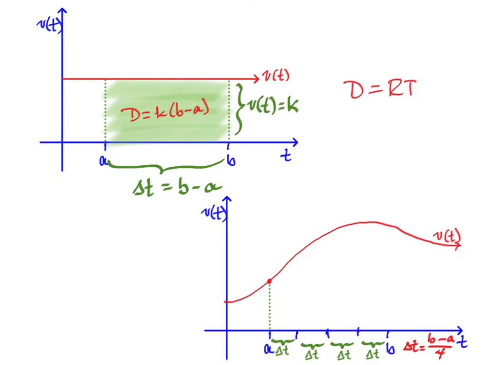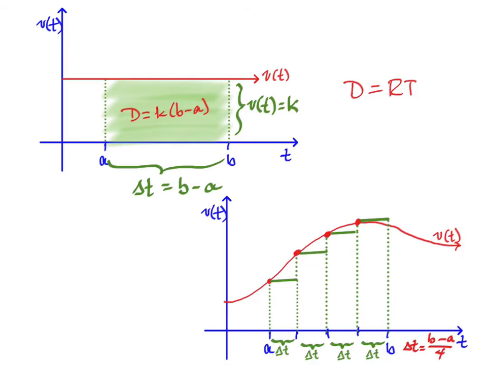Well, those velocities are the y-coordinates of these points on the graph at the left endpoints of the subintervals. So, for example, I can draw a bunch of rectangles. I drew a red dot at the point on the curve where we're going to calculate the velocity.